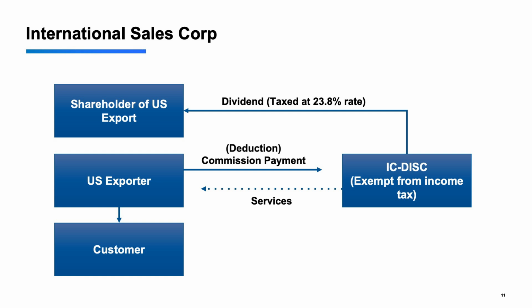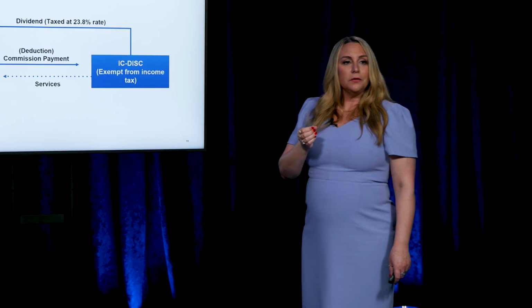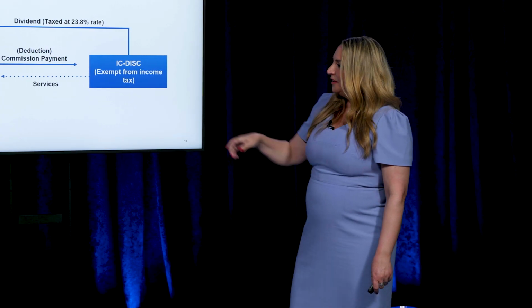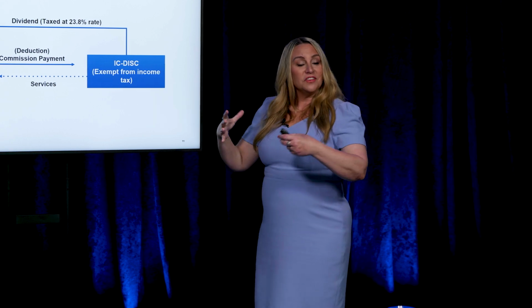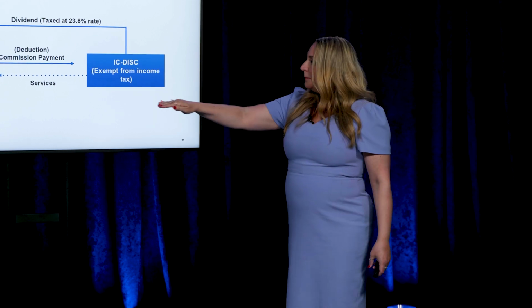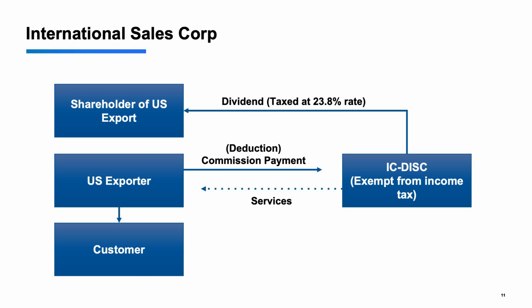Based on the amount of sales that they are selling to customers outside the United States, the IC DISC receives a percentage of those total sales as a commission. The exporting business receives a tax deduction. Meanwhile, the IC DISC does not have to pay income tax on that income. Does it sound too good to be true? Well, it's not if you follow the rules.